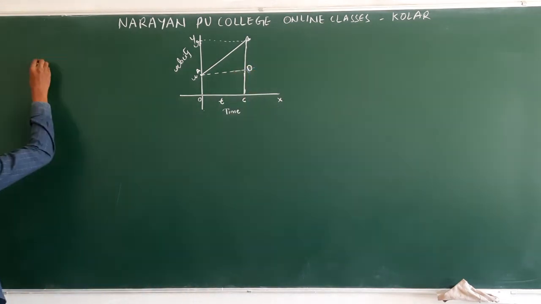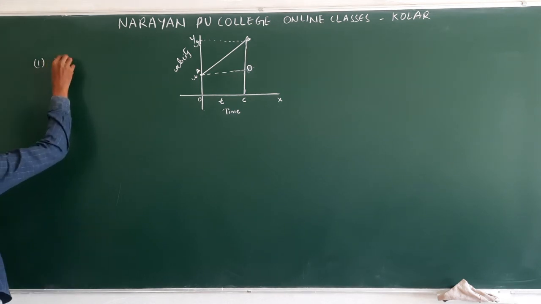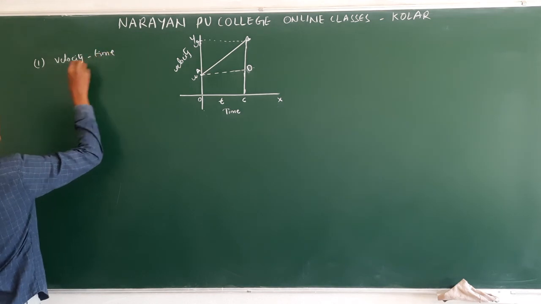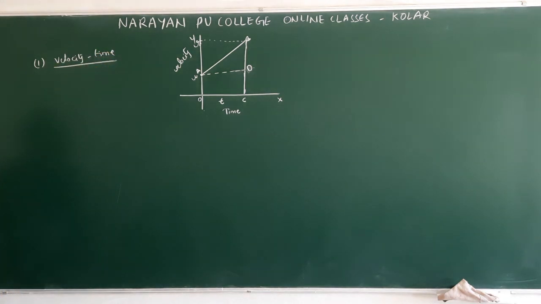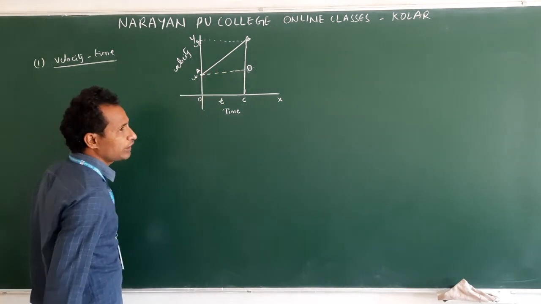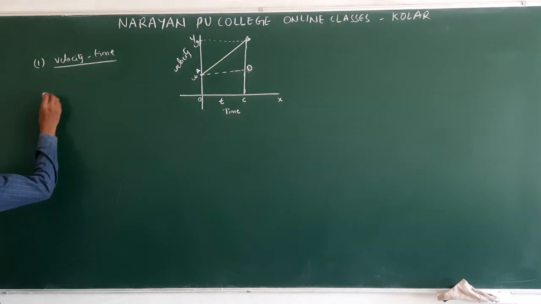Now, first derivation, the velocity time relation, first one. Clear? Now, the slope of this line gives the acceleration. So how do we get acceleration?